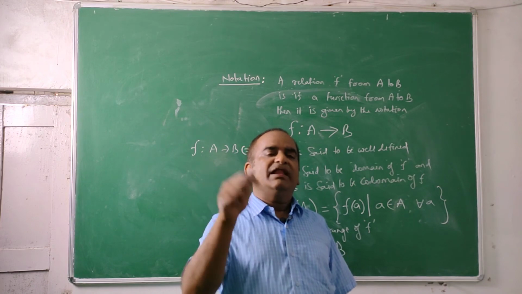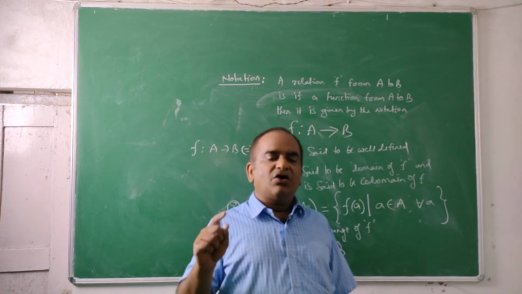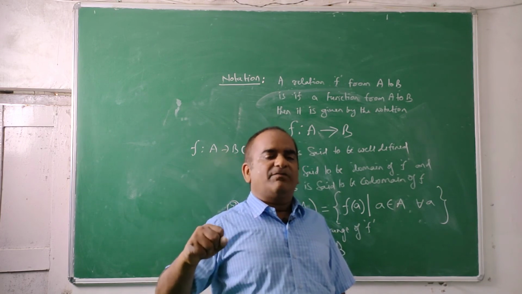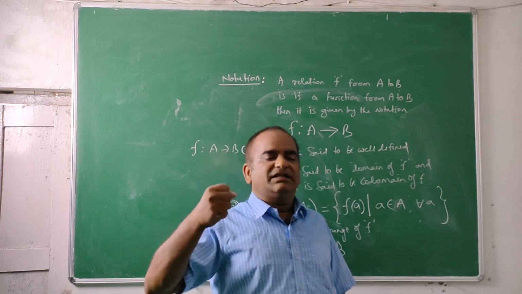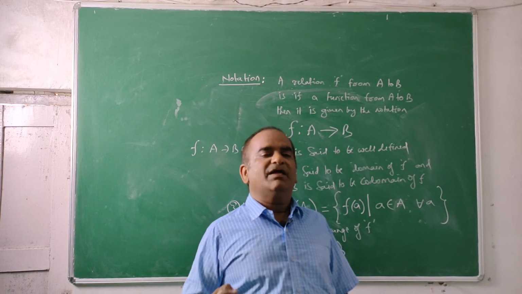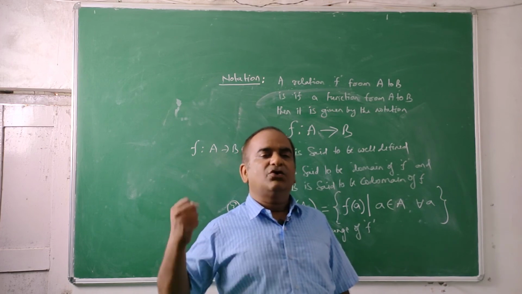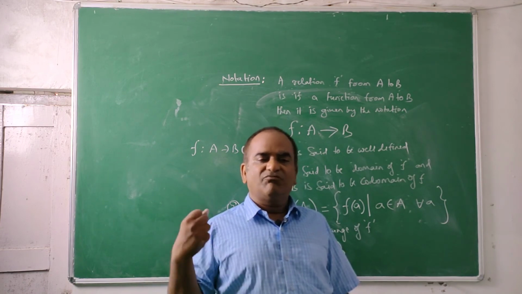Images fall in codomain only. So after all, you are collecting all images of domain elements, so obviously the set of all images is a subset of B. So range is a subset of B.